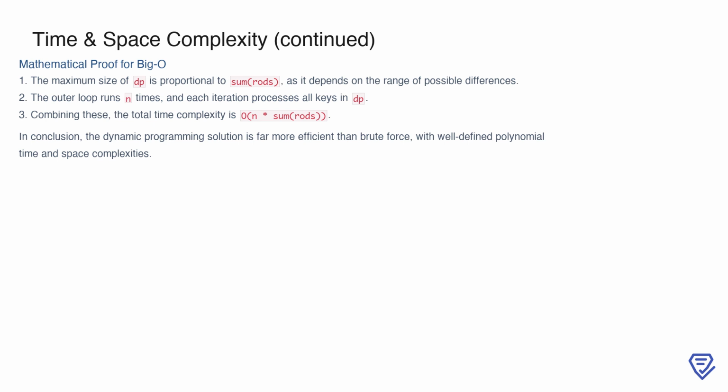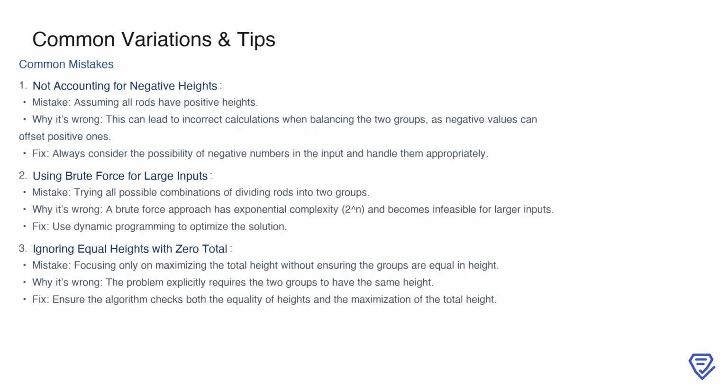This demonstrates that the dynamic programming solution is far superior to the brute force approach, offering a well-defined polynomial time and space complexity. In conclusion, this method balances computational efficiency with manageable memory usage, making it a practical solution for the tallest billboard problem. When solving the tallest billboard problem, there are a few common mistakes to watch out for.